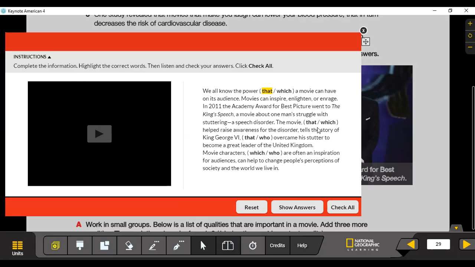The movie, which helped raise awareness for the disorder, tells the story of King George the Sixth, who overcame his stutter to become a great leader of the United Kingdom. Movie characters, which are often an inspiration for audiences, can help change people's perceptions of society and the world we live in.